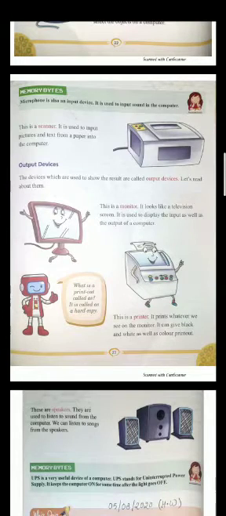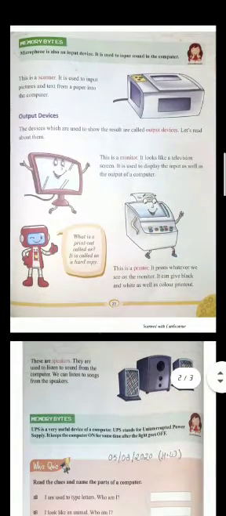Next is the printer. It prints whatever we see on the monitor. It can give black and white as well as color printouts. So the printer is one of the output devices that is used to give us the printout, or the hard copy, of our results.